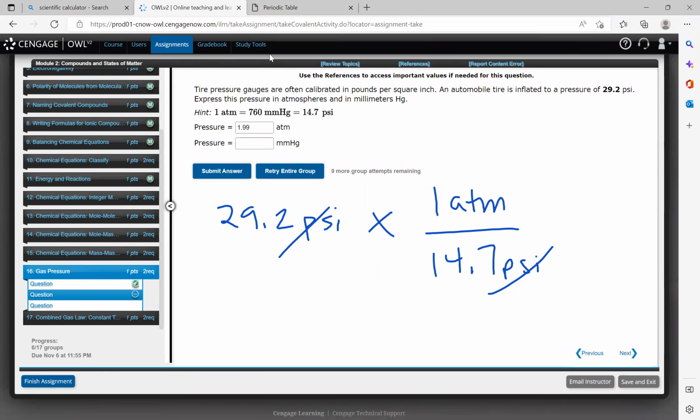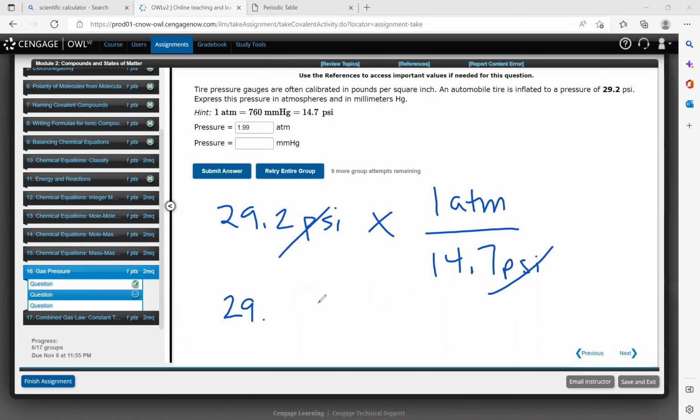And then same thing, we're going to start off with 29.2 PSI times 760 millimeters of mercury. And we're going to have to do a little extra work, because we won't be able to do this quite the same way.